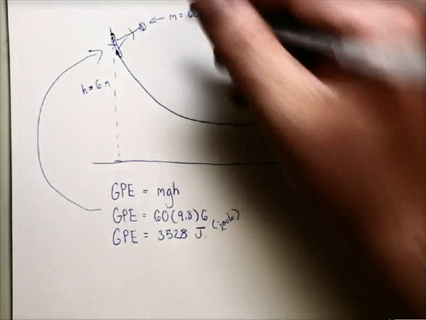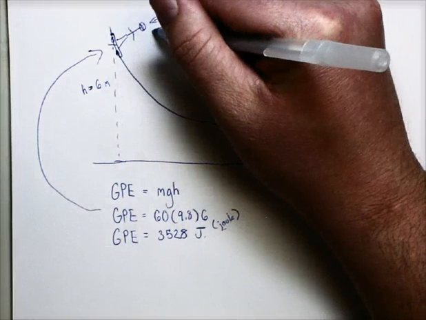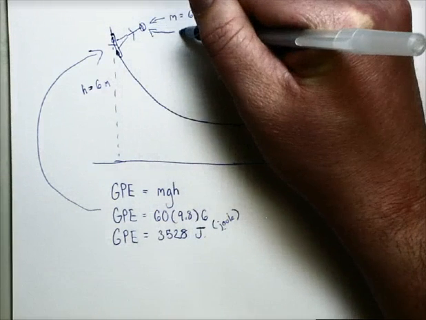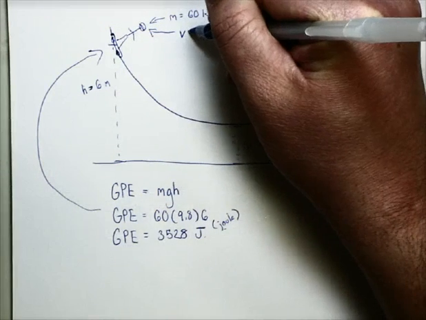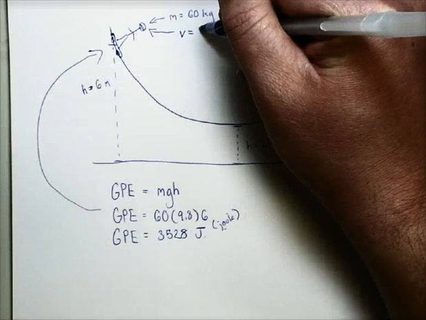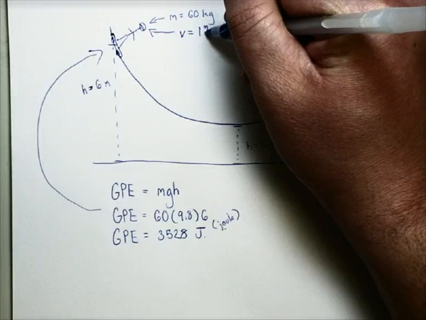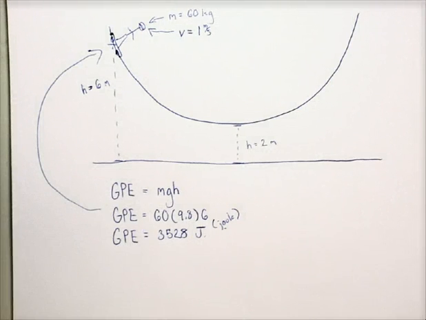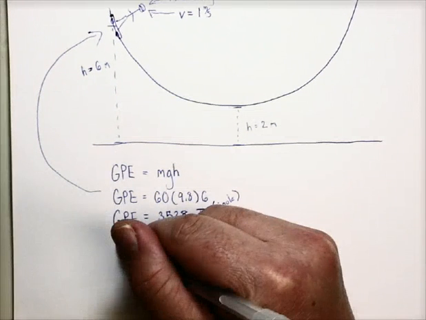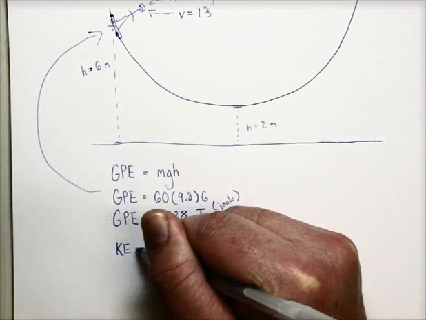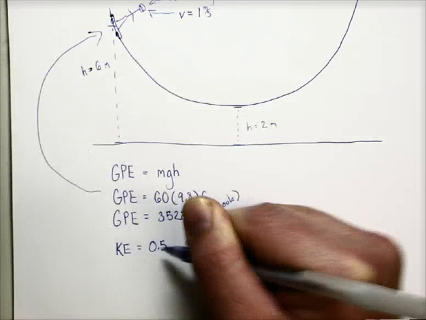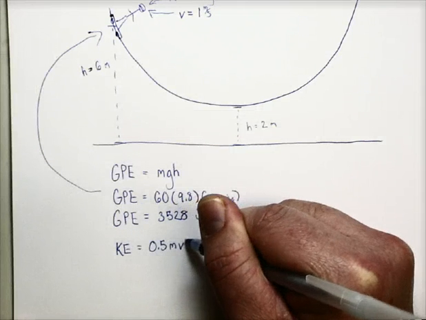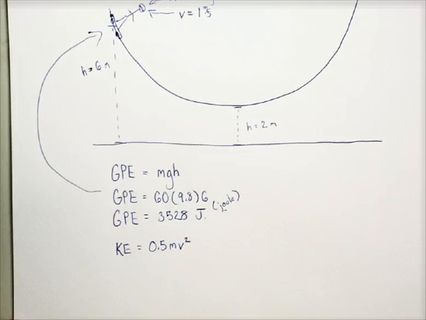But let's say, just for argument, that at this point right there, this person is moving with some speed. And we'll say it's a pretty slow speed. They're moving at 1 meter per second. We can also calculate kinetic energy of this. And for kinetic energy, the equation for that is 1/2, or 0.5, times mass times the speed squared.